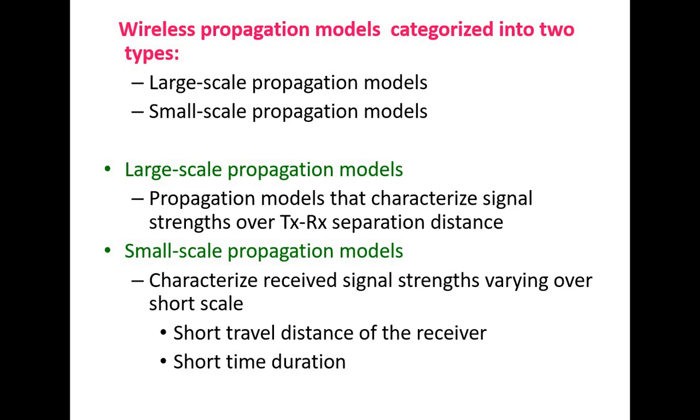But in the small scale propagation model, we talk about the signal received from a transmitter that is very near, so the transmitter and the receiver are located very close, and mostly a line of sight exists between the transmitter and the receiver.